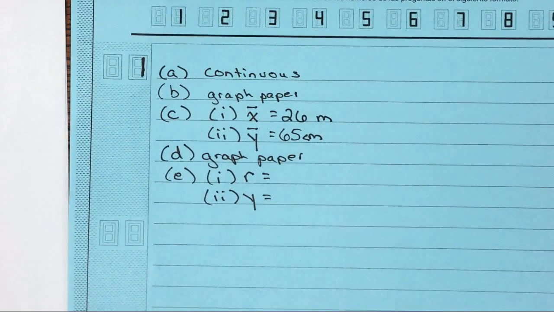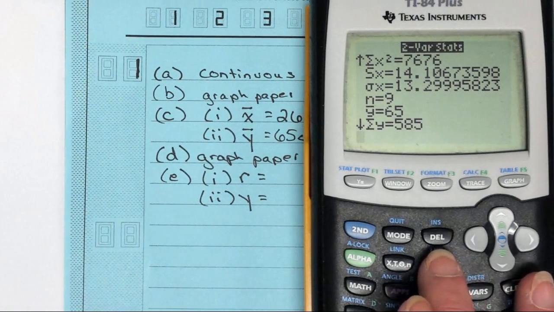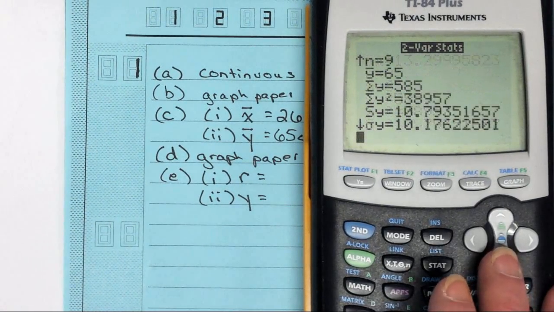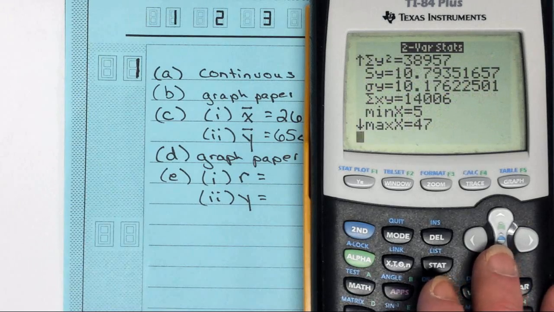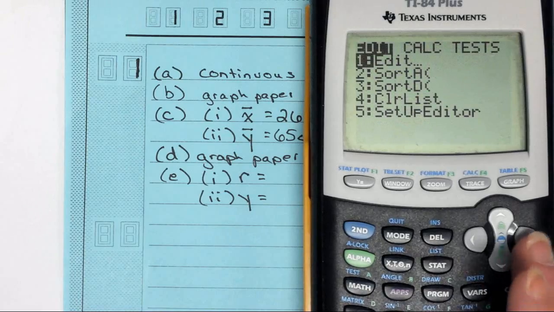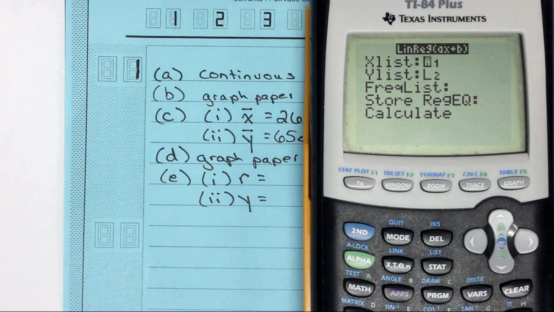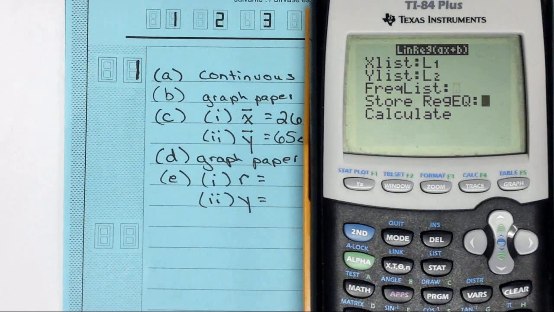It is in the calculator. Now, it doesn't show me that in this table. It's not in the two variable stats. Oh, stat linear regression. It makes sure my x's are in L1, y's are in L2.